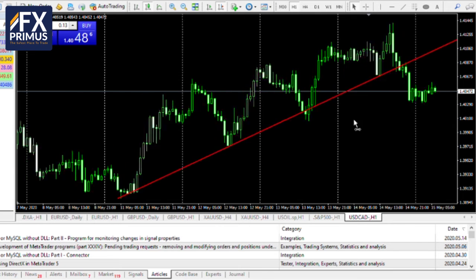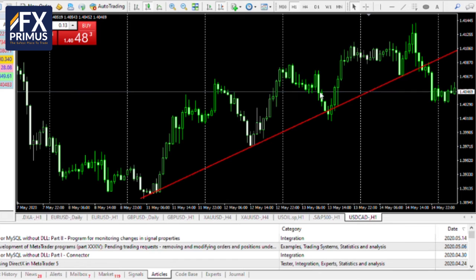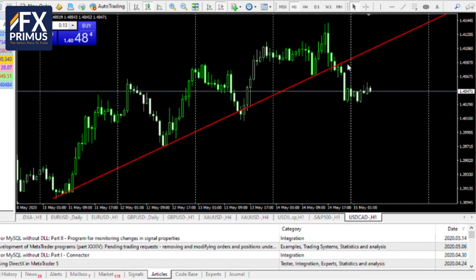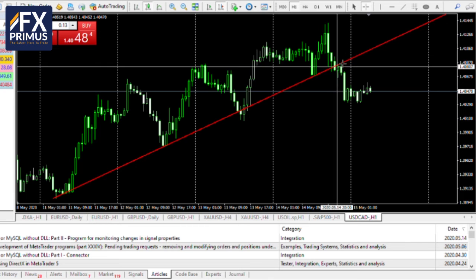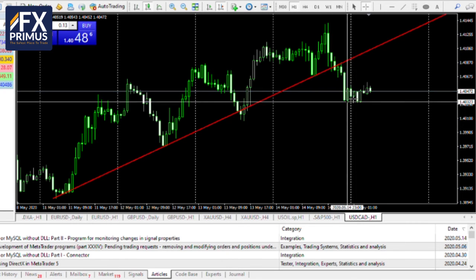We can see right here very nicely again, it's been bouncing off this line many times, so there is a high chance that some kind of news would come out in the market and push the Canadian dollar to touch this support again and possibly break through.